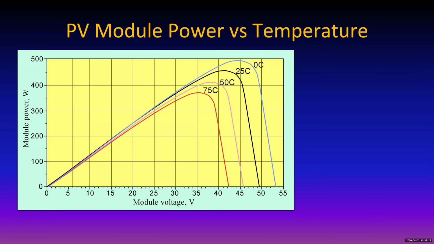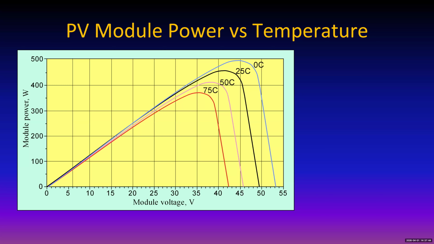And that's important to know because you need to make sure that at the coldest point, the open circuit voltage of this solar module does not exceed the maximum input voltage of whatever piece of electronic equipment it might be connected to, because otherwise you'll burn out that piece of equipment.